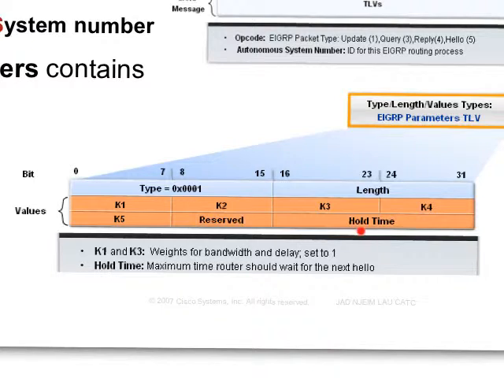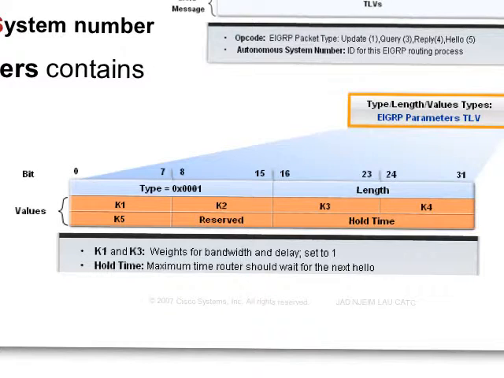But here, remember we said that EIGRP does not use periodic updates, right? It uses triggered updates, or event-based updates. In order for me not to send periodic updates, I have to detect any change that happens. So when you say it's triggered updates, in a way we lied.